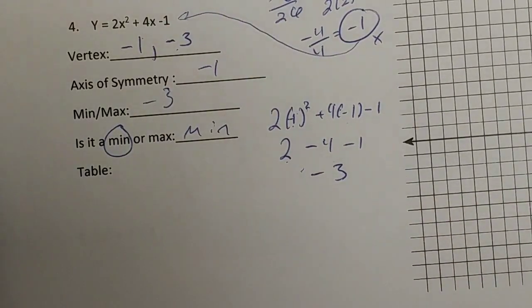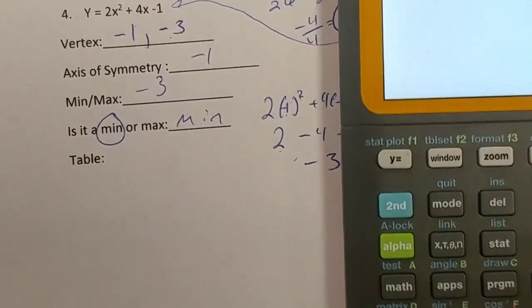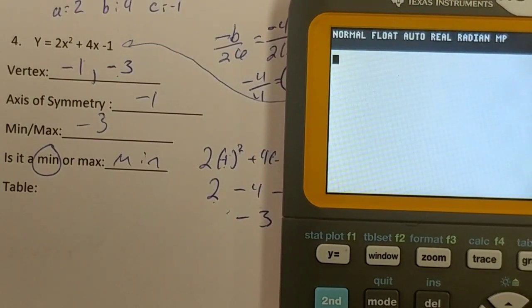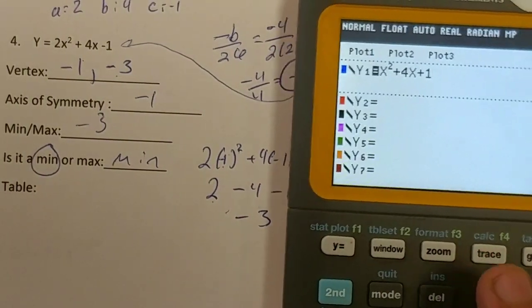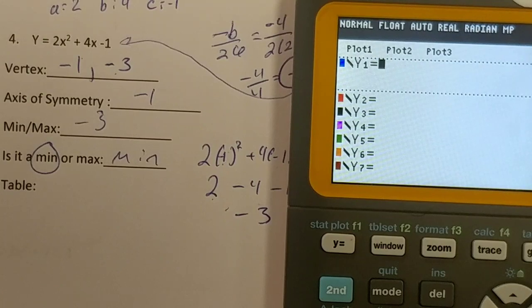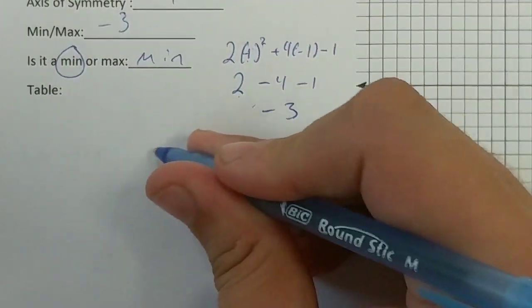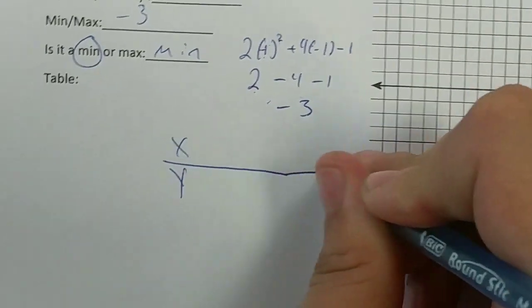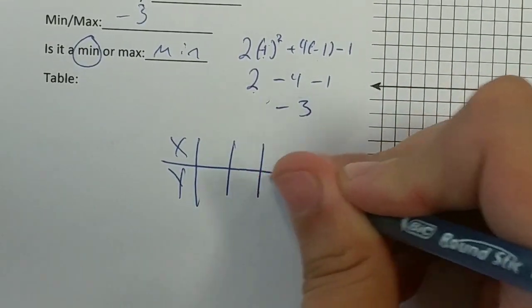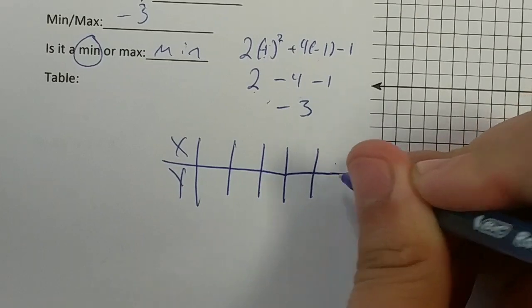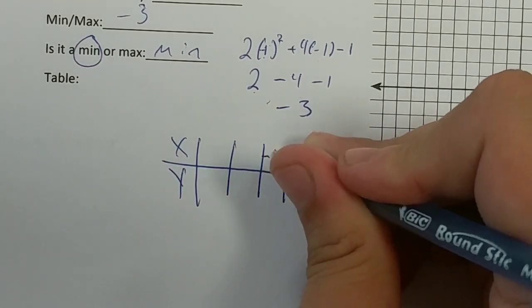Now, I'm going to use the calculator again to make my life easier. Y equals. Let's clear that. Oh, let me make the physical table on the paper though. So x, y, 1, 2, 3, 4, and 5. And in my middle, I'm going to put negative 1 and negative 3.